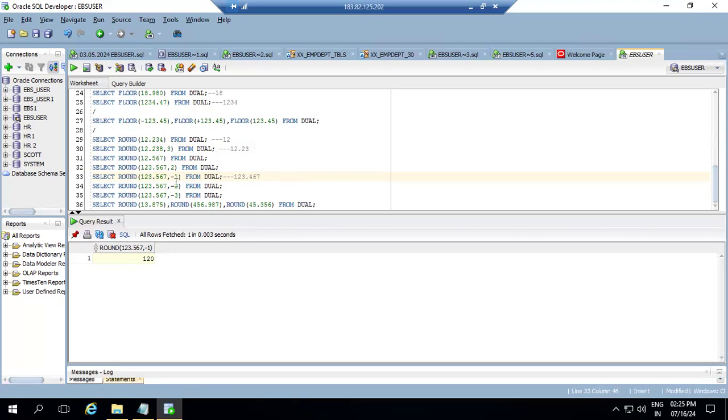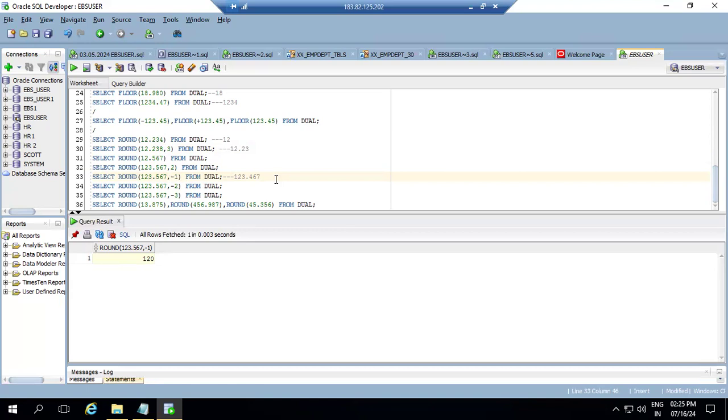Where you are giving minus 1, according to the syntax, it is the decimal place and this is your value. So when it is minus 1, it goes to the left side only. The first digit there is less than 5.